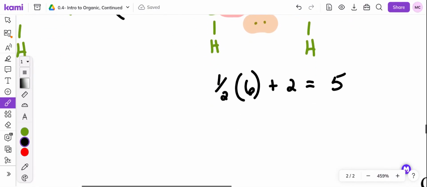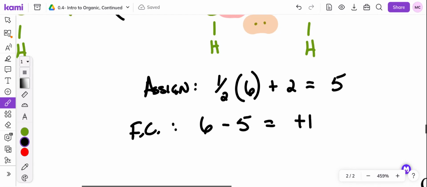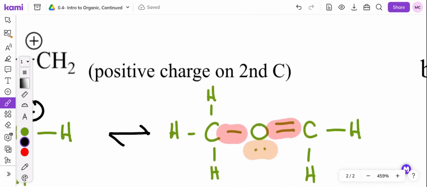And so that's my assigned. I can't abbreviate this, sadly. So then what I want to do is the formal charge calculation, which in this case, it has 6 valence electrons minus 5, which gives me a +1 charge. And so now to finish this off, I'm going to put the +1 over here on the oxygen.